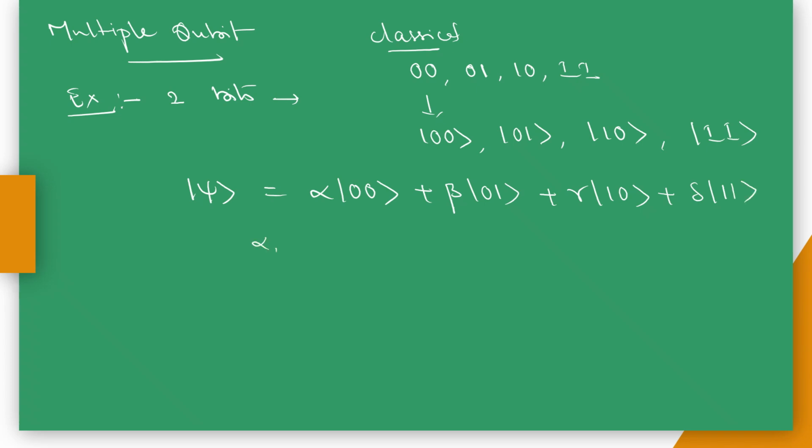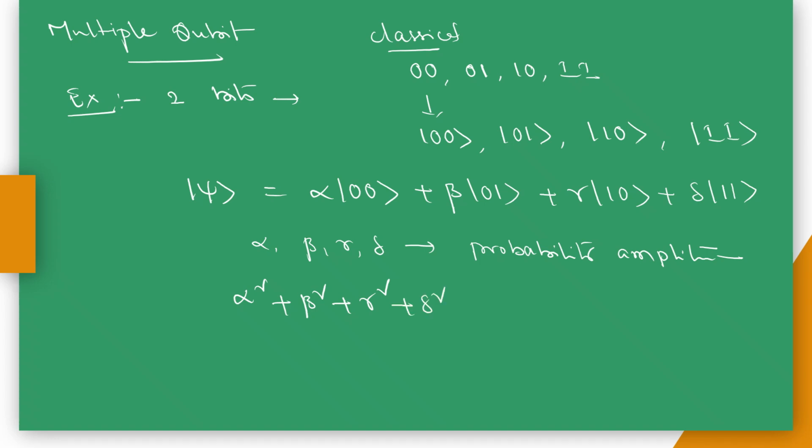Here alpha, beta, gamma, delta are the probability amplitudes related to the states 00, 01, 10, 11. It also follows the normalization condition: alpha square plus beta square plus gamma square plus delta square must be equal to 1.